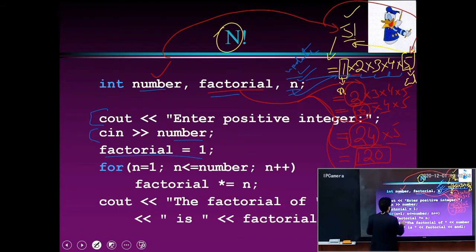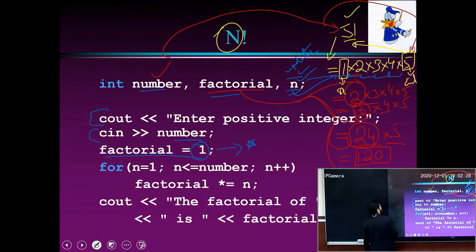Remember that whenever a variable is involved in multiplication, the variable shall be initialized with 1. It is necessary. But if a variable is involved in summation, then that variable shall be assigned 0.